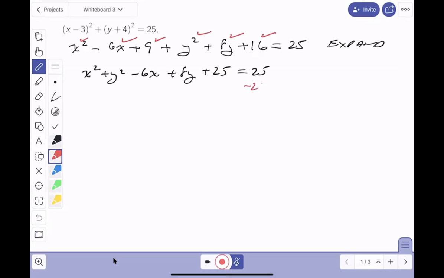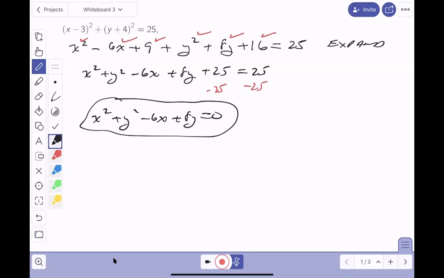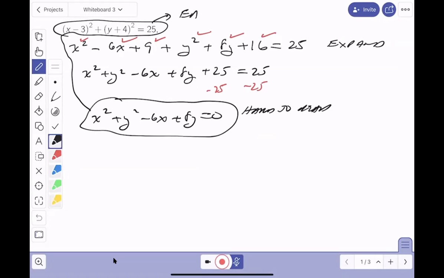I guess I could take 25 from both sides. And what would you end up with? A pretty simple equation: X squared plus Y squared minus 6X plus 8Y is equal to 0. Now the problem with this form over here, although it's equivalent with this one over here, is that this one's hard to read. But it is simpler. This one's easy to read.